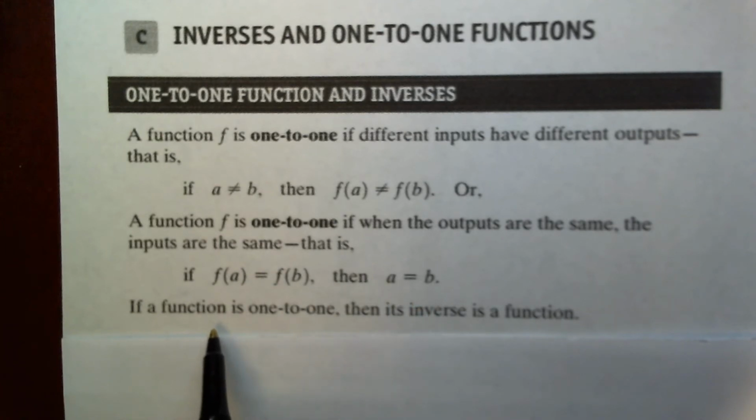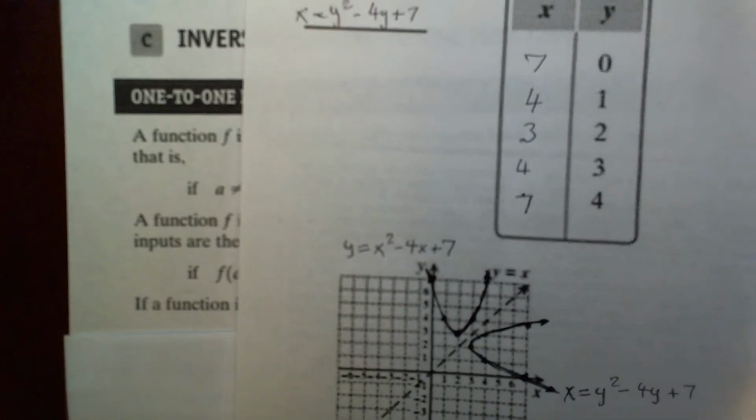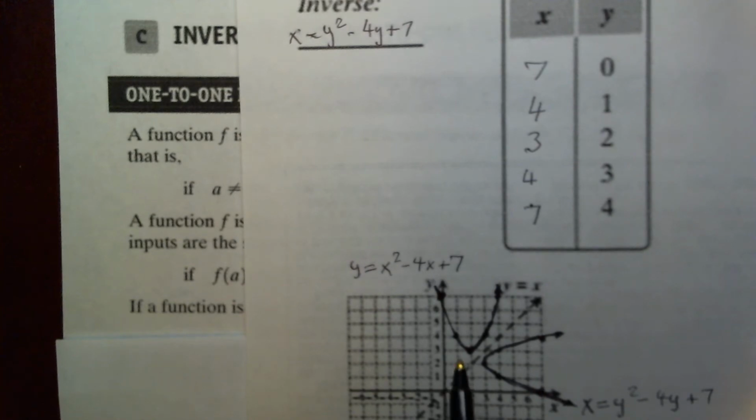And here's the next part. If a function is one-to-one, then its inverse is a function. From looking at the previous example, in fact, let me just bring that up again. You can see with the vertical line test that the original relation is a function. A vertical line intersects the function at most once.